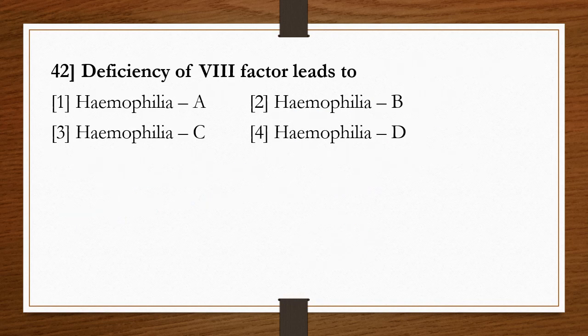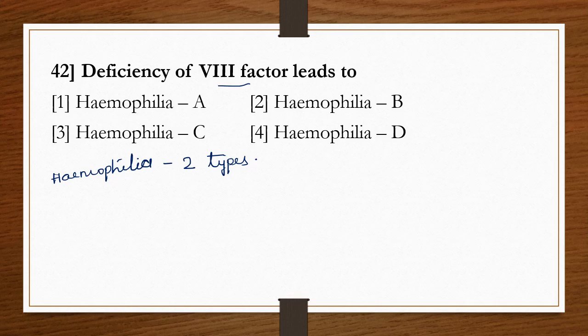Question number 42. Deficiency of eighth factor leads to: hemophilia A, hemophilia B, hemophilia C, hemophilia D. So now hemophilia is of two types. On which basis is it divided into two?